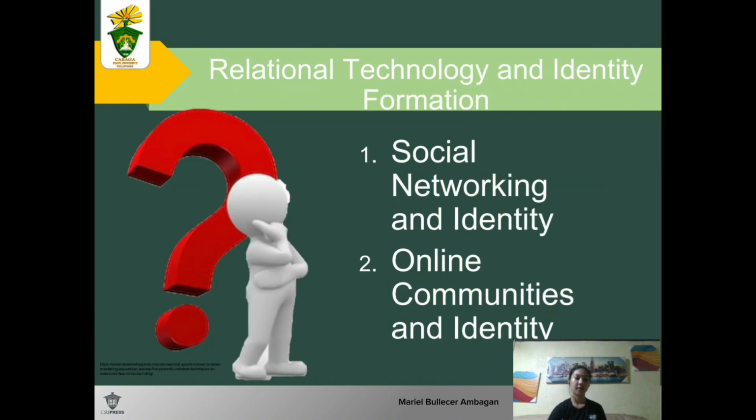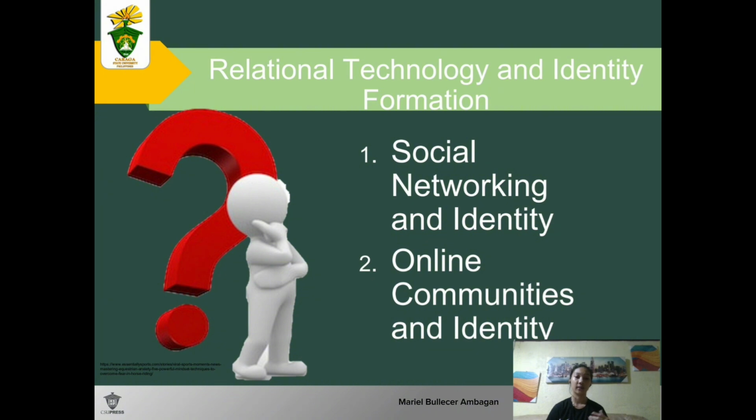Now, let's talk about how technology helps shape our identity. There are two relational technology and identity formation. First, social networking. Apps like Instagram, TikTok, and Facebook share our lives.